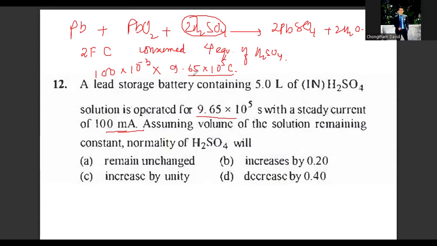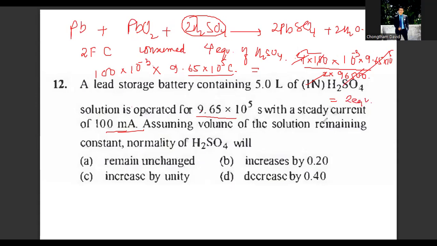These are the given values of current. So how much will be consumed? Let us calculate: 4 into 100 into 10 to the power minus 3, into 9.65 into 10 to the power 5, divided by 2 times 96,500. This is simply the unitary method. After cancellation, you can cancel all this, cancel by 2, and you get 2 equivalents of sulfuric acid.